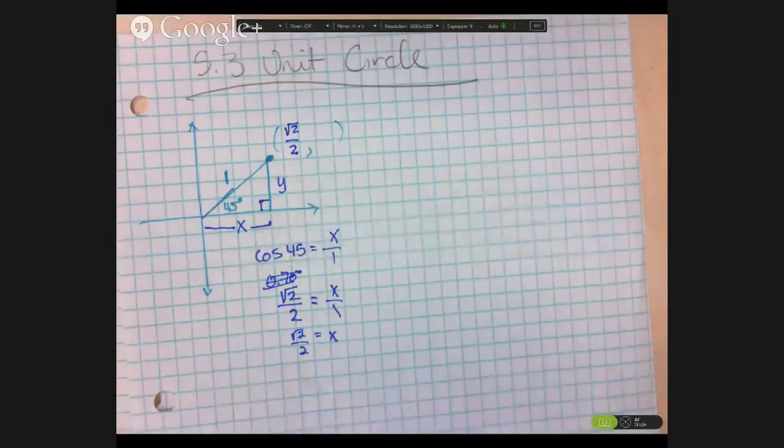So if I'm placing a right triangle on the coordinate grid, the hypotenuse is 1. The value of cosine 45 is the x value. What's the sine of 45?